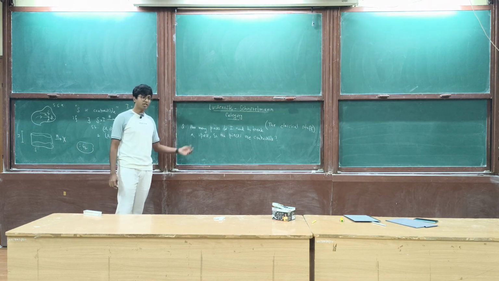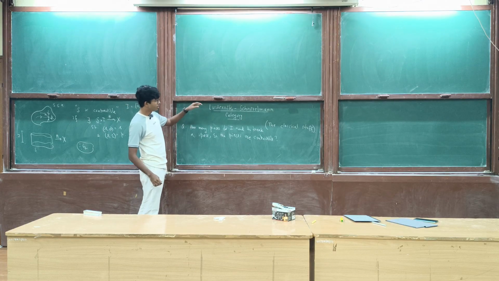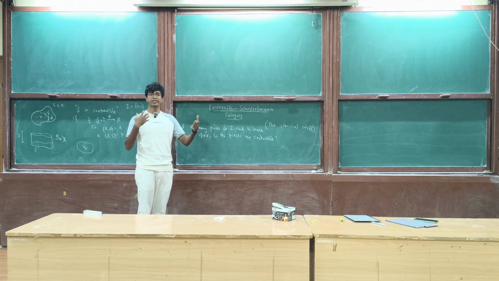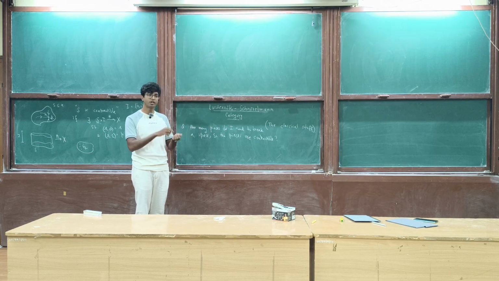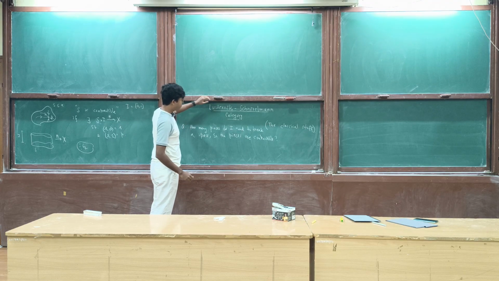Basically, if you don't have contractibility, the next best question is, how many pieces can you extract out of it, each of which will be contractible? So, here comes the definition.